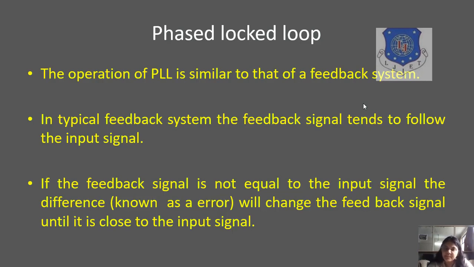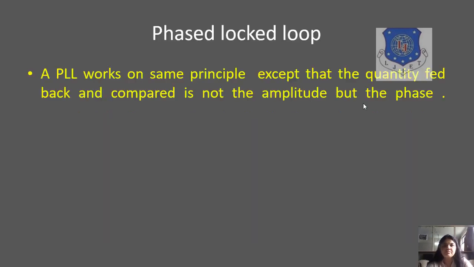But if the feedback signal and the input signal are not the same, some error signal will be generated, and the feedback signal is always trying to reach the input signal. That is actually the goal of this kind of system.